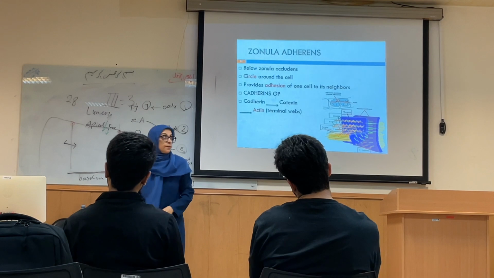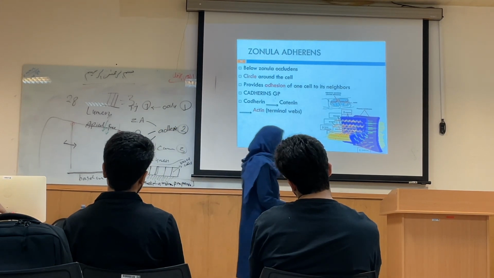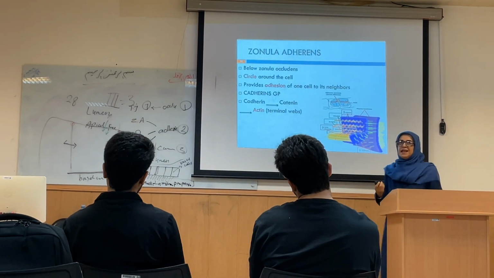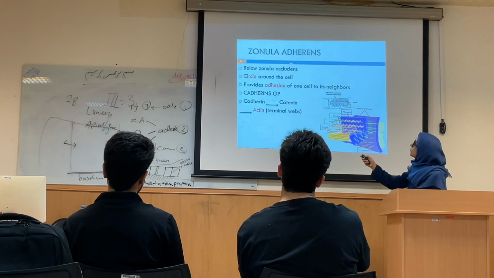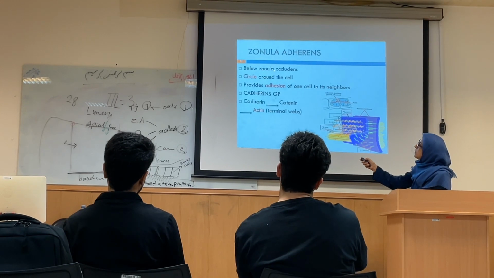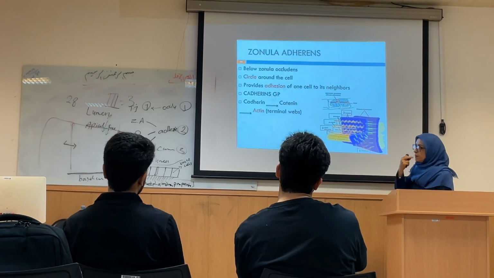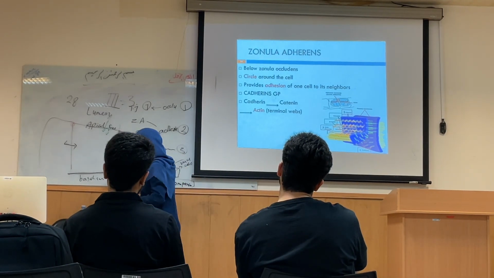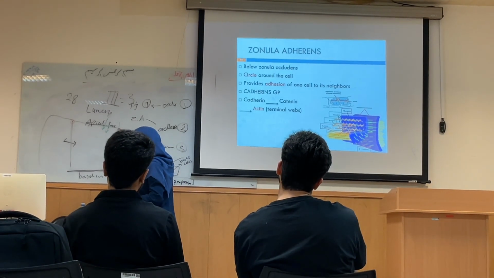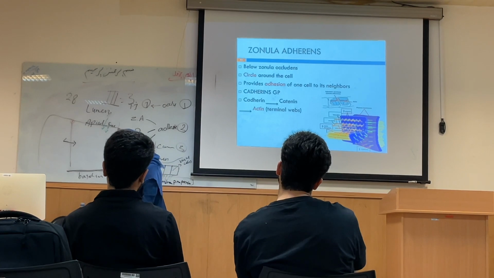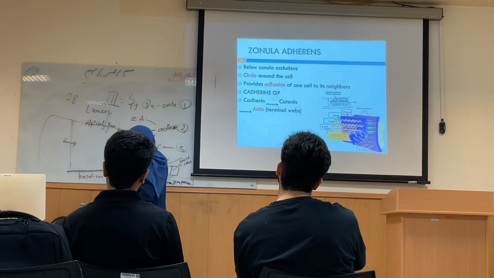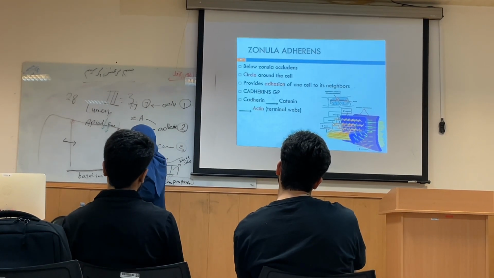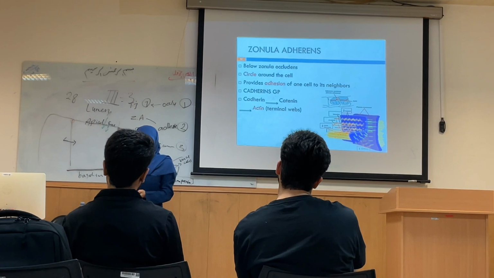The first one, zonula adherens, again is a belt-like structure, mostly located below the zonula occludens. But there is a space here, for example, and it is also a belt.